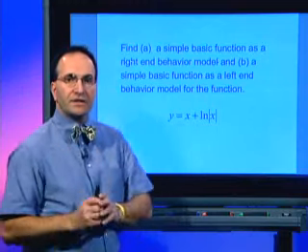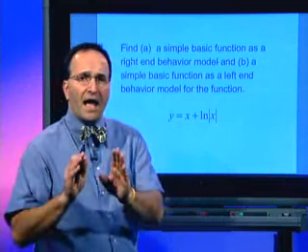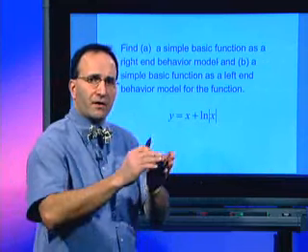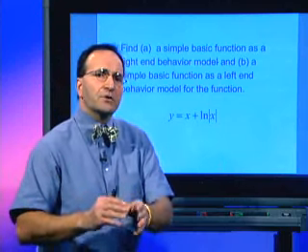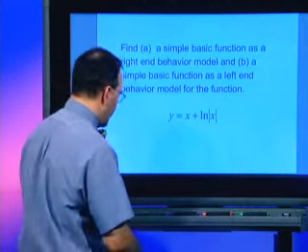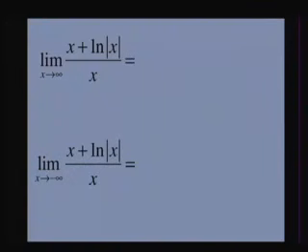What I'm going to suggest is we just use the function g of x equals x for the right-end behavior model, and h of x equals x. So for both cases, I'm going to use the same one. Once again, here we can say x divided by x is 1 plus the natural log of the absolute value of x over x.